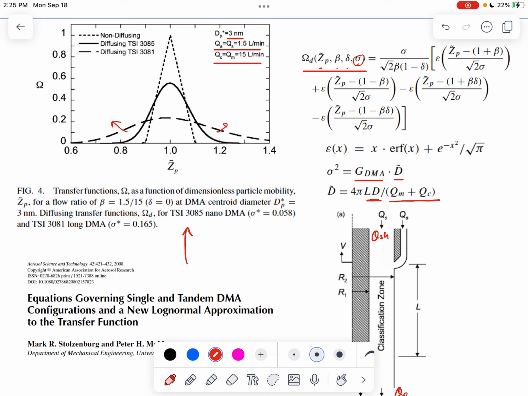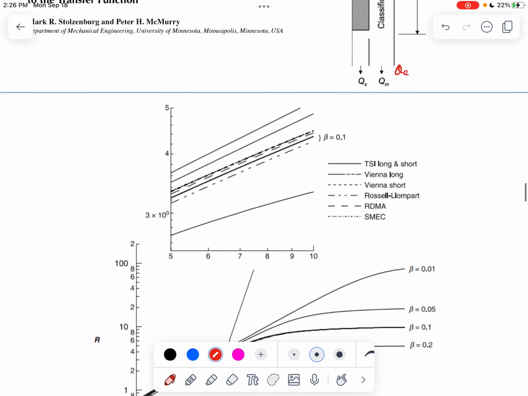And even for the TSI 3085, that is a nano DMA, which we talked about, like the long DMA is a long one, the nano DMA is a short one to suppress diffusion, you're still going to have a certain amount of diffusion in there.